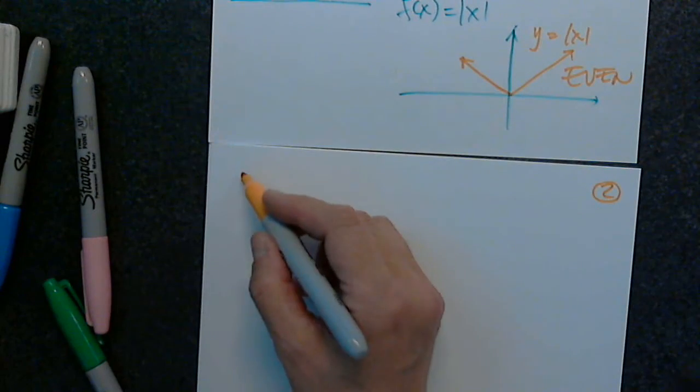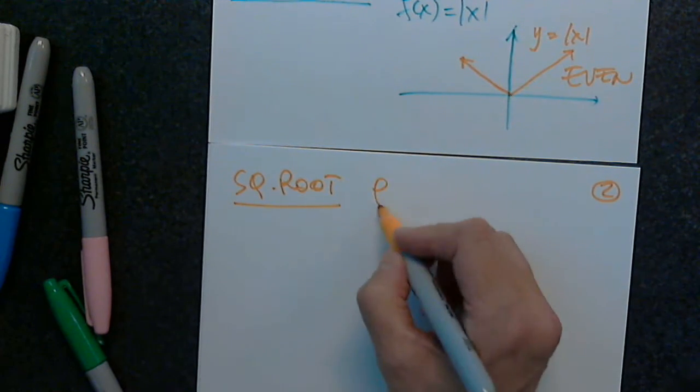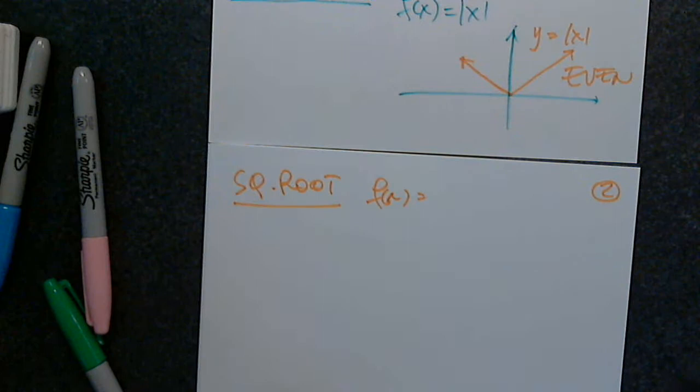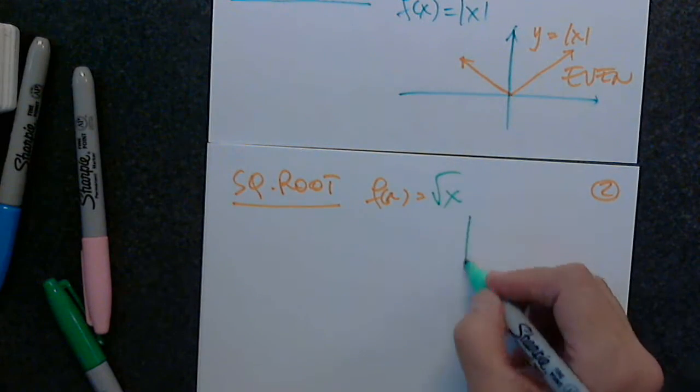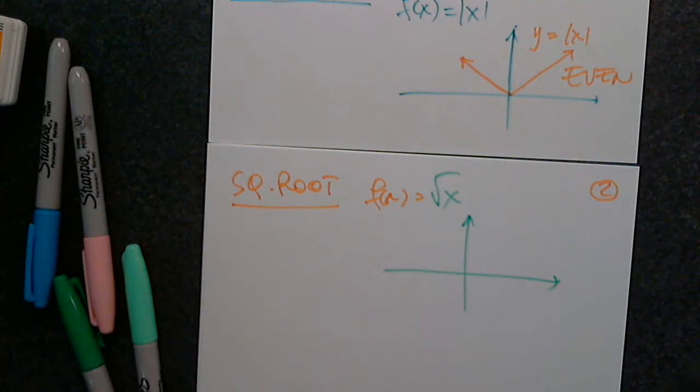So let's move on to square root. Can anyone give us the simplest possible square root function? The square root of x. Of course, the square root of x. Very important graph. What is its domain?